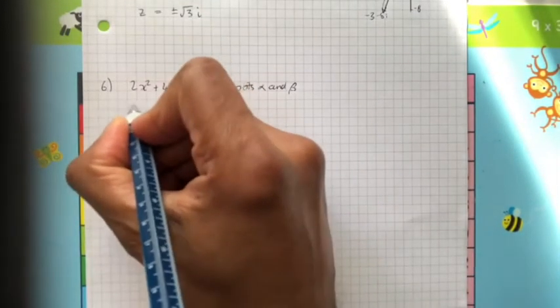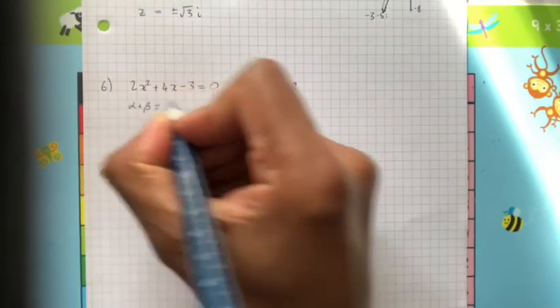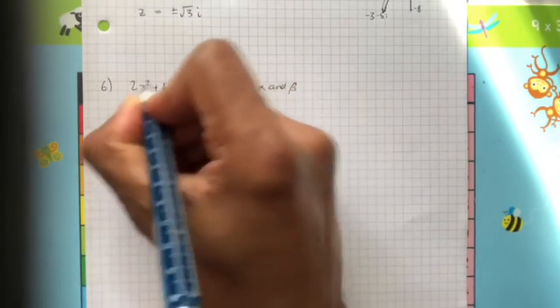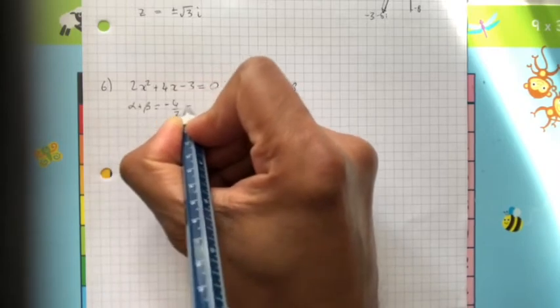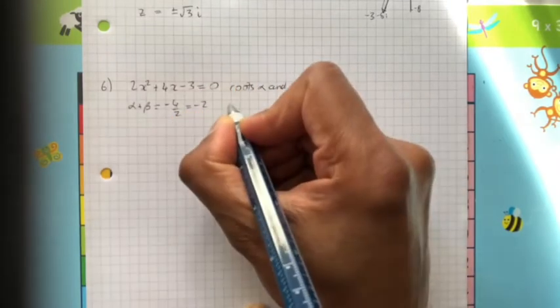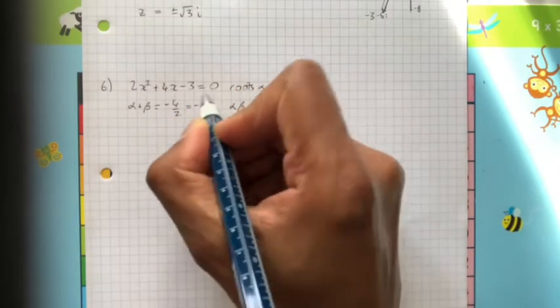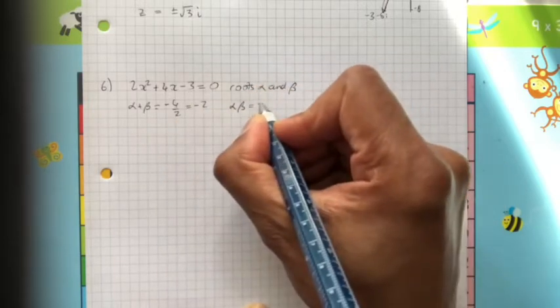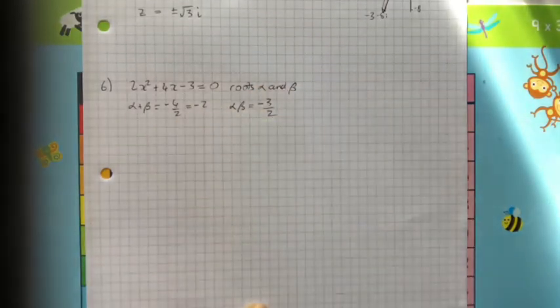So if we have a look, alpha plus beta will be equal to minus 4 over 2 equals minus 2, and alpha beta will be equal to minus 3 over 2.